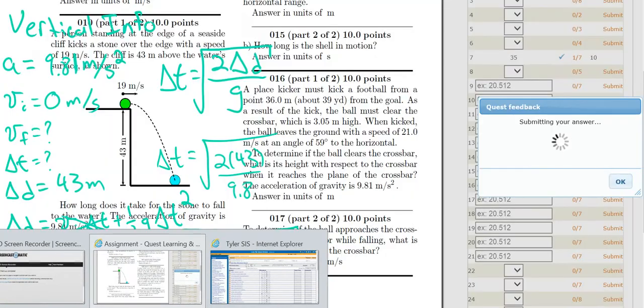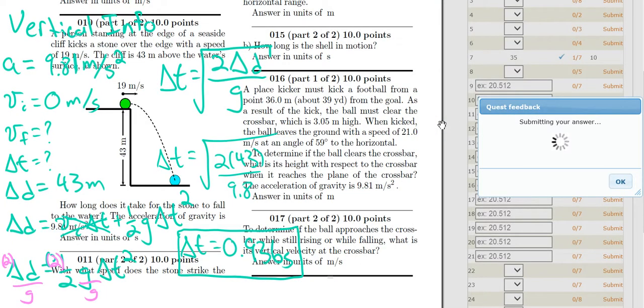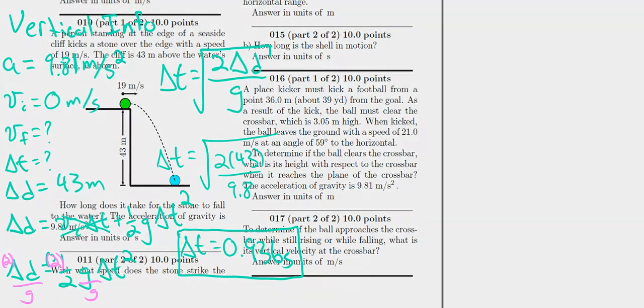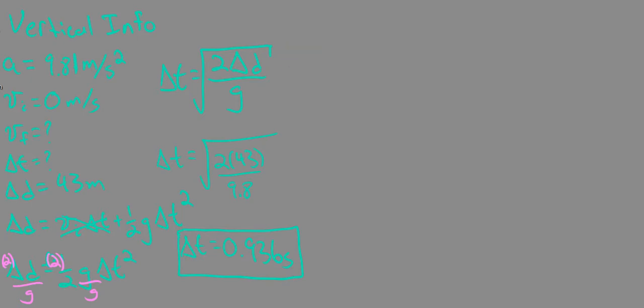Okay, well, let's assume it's correct, as my program here is taking a little while, so I'm going to minimize out of that, and I'm going to go on to the next part.